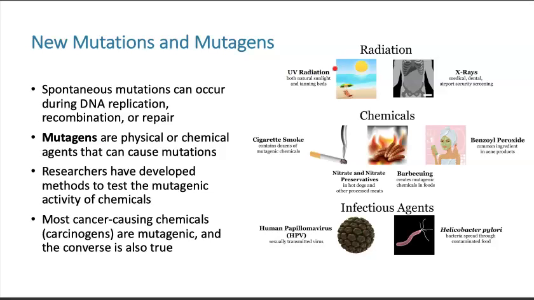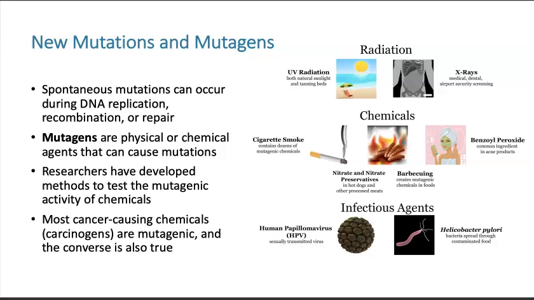We know that ultraviolet radiation is a source of mutation, so doctors recommend that you not get a sunburn, not expose your skin to too much UV radiation. X-rays, of course, can cause mutations as well. We saw that really cool example earlier in this lecture where we talked about mutating fungi.